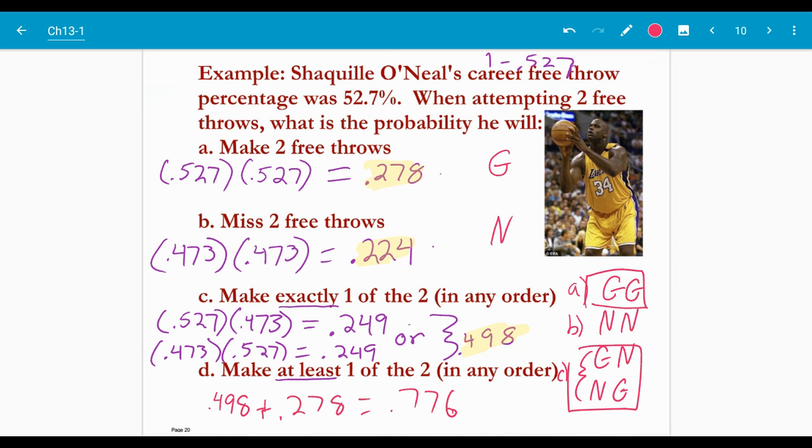Or you could also flip this around and interpret this as the only undesirable outcome is that he misses both of these free throws. And if that's what I don't want, I could subtract this probability away from 1. You can kind of see how the numbers are going to work out. You're going to get that same exact answer.